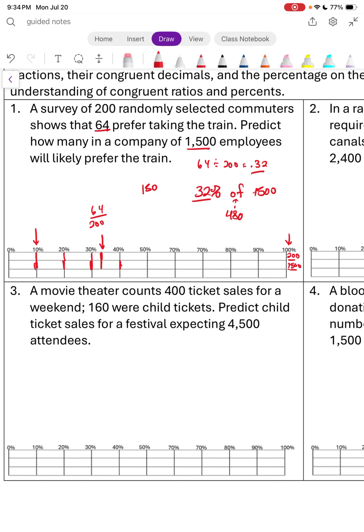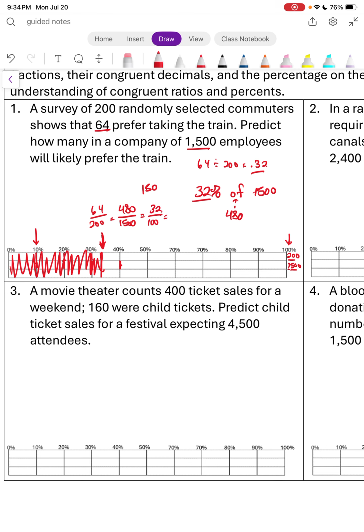So here's what I want you to do. I know that 64 out of 200 preferred. I know that out of the 1,500, 480 would prefer it. So I want you to do this mark right here. This percentage up to this point, which represents 0.32 or 32%, I want you to write it three ways. 64 out of 200, which is the same thing as 480 out of 1,500, which is the same thing as 32 out of 100.